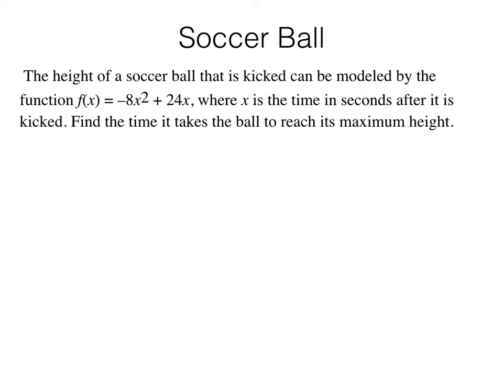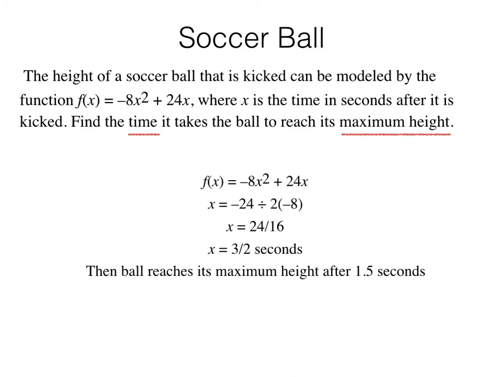Try another example. This one is a soccer ball, and the height of the ball can be modeled with the function f of x equals negative 8x squared plus 24x. We're supposed to find the time that the ball takes to reach its maximum height. So once again, we will start with the equation that was given.